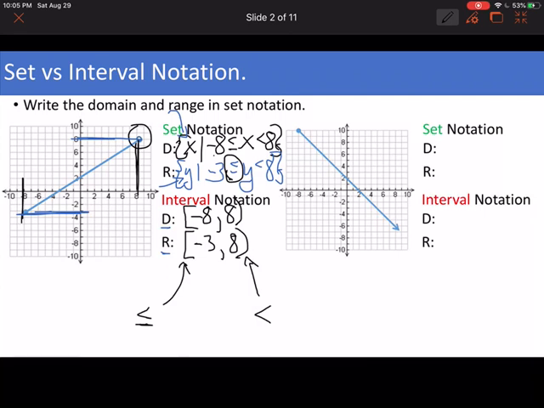Now for here, we're going from -8 and we're going this way. And it's going to infinity. It means it never stops. Okay, such that x is greater than or equal to -8. Right?